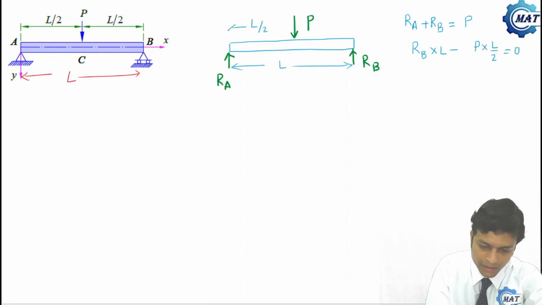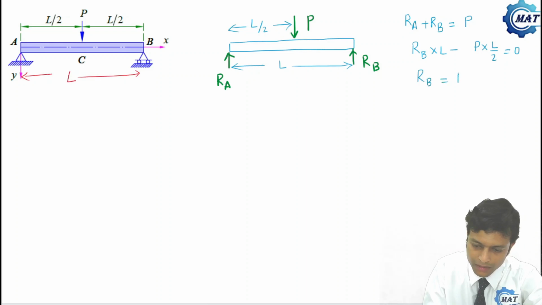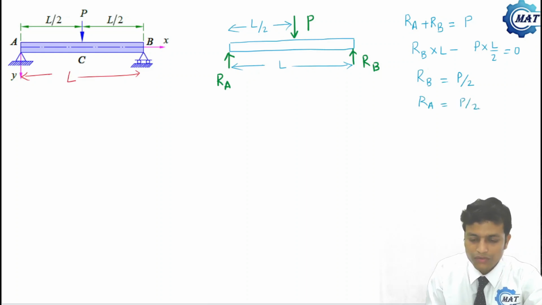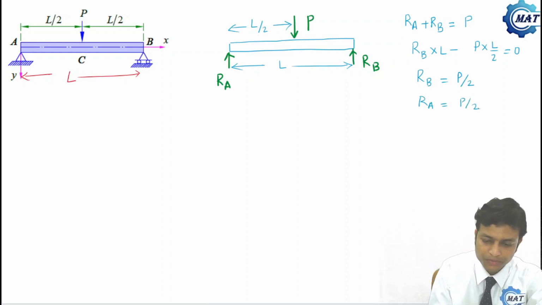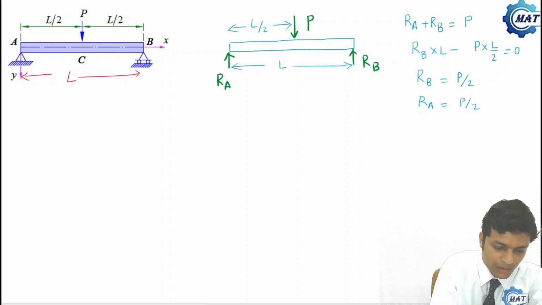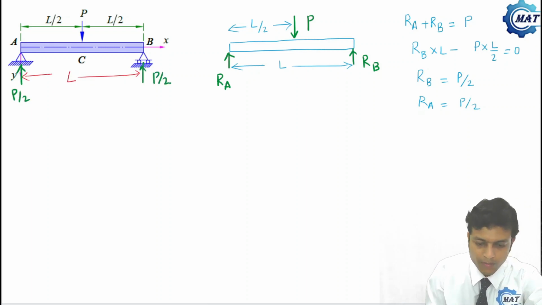This length is L by 2. So RB is P by 2. Similarly, RA is also P by 2. So both the forces are P by 2, and this reaction is P by 2 and this reaction is also P by 2.